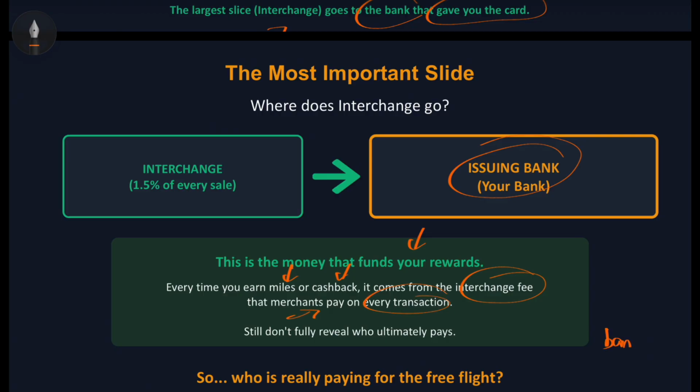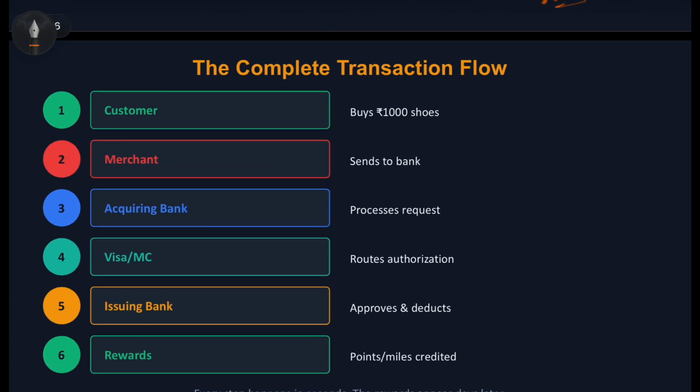So the bank is giving the customer a reward, and this reward is actually coming from the money that the merchant paid when you purchased from him. See how it is all interconnected. When you pay, the merchant is paying fees to a bank through which your reward is funded.